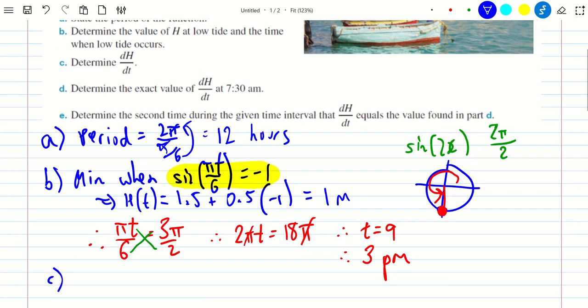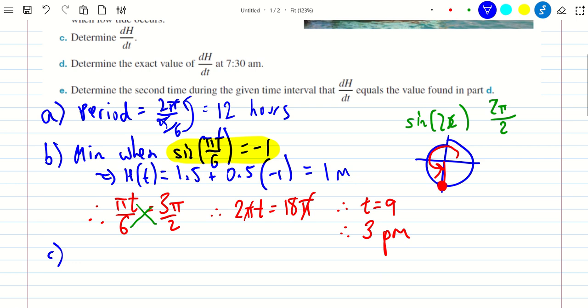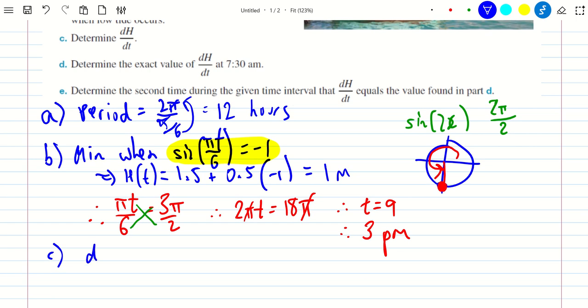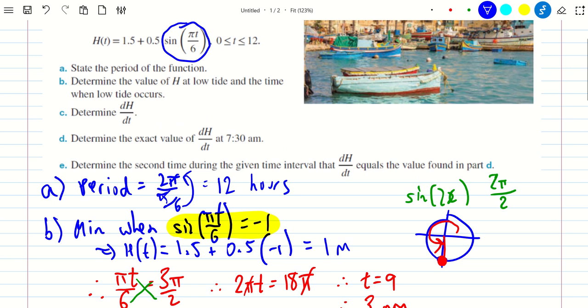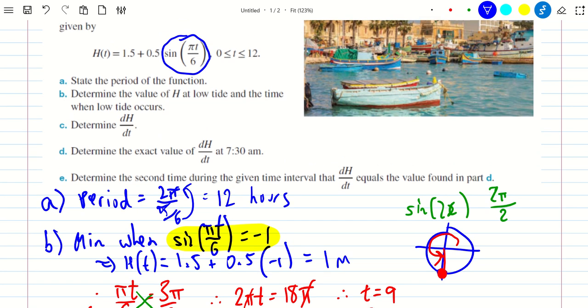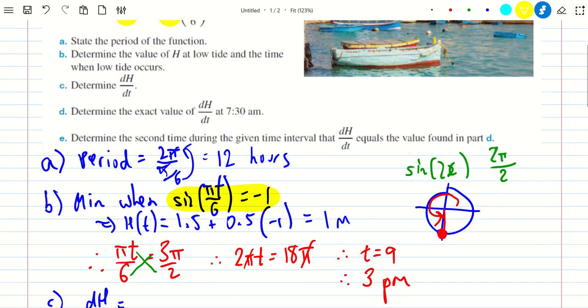So that was part B. Determine dH/dt. Okay, so we want dH/dt, which is the derivative of h with respect to time. So looking back at this function, what is the derivative of this function up here? Well, the derivative of 1.5, it's a number, so it's just 0. This sine here will go to cos, and we'll apply the chain rule.